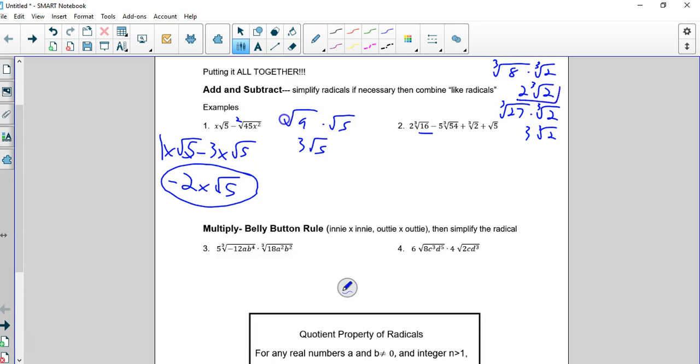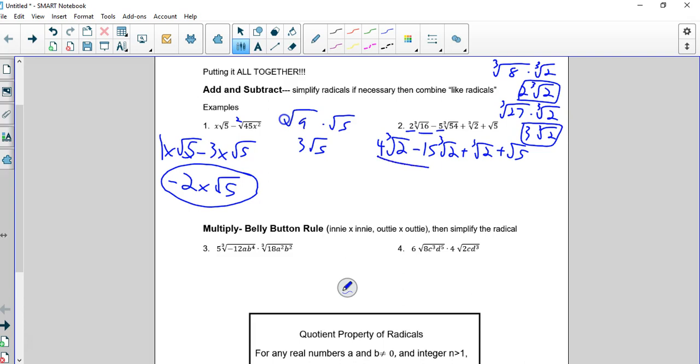Now, this and this are simplified, but remember we've got to pay attention to these numbers out here. So we have 2 times 2, which is 4 times the cube root of 2. Then we have negative 5 times 3, which is negative 15 cube root of 2, plus 1 cube root of 2, plus just a square root of 5.